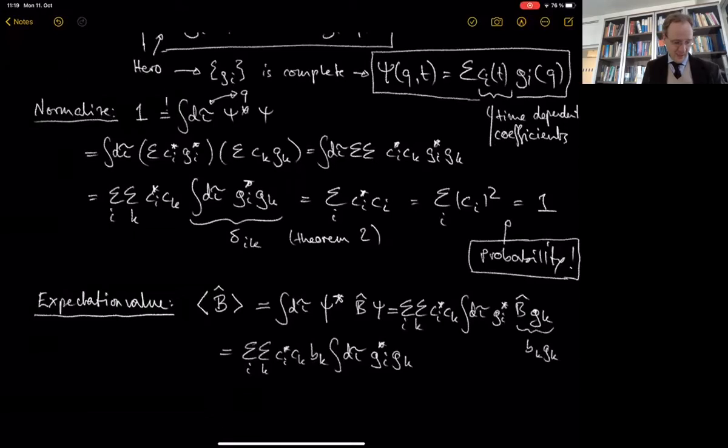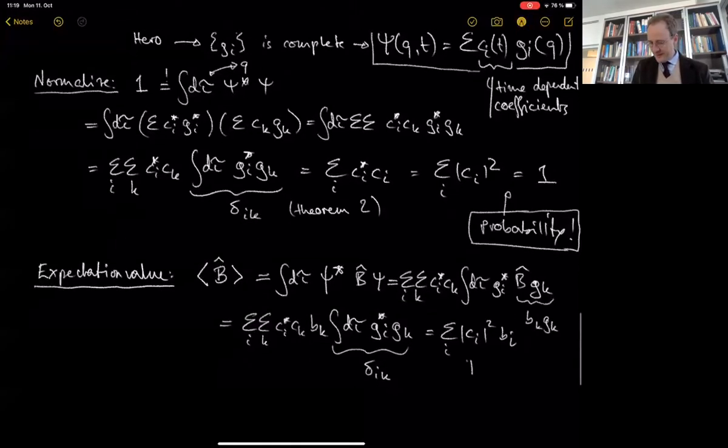And the remaining integral, of course, we know it's our Kronecker delta, which kills one of the summation symbols. And so what survives is your sum over i of c_i squared b_i. Okay.